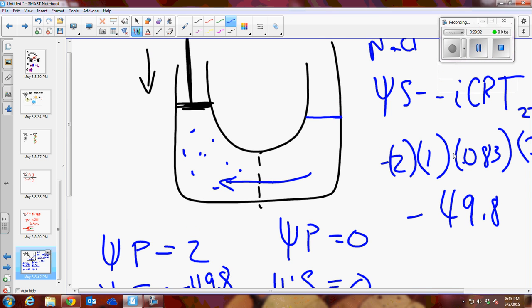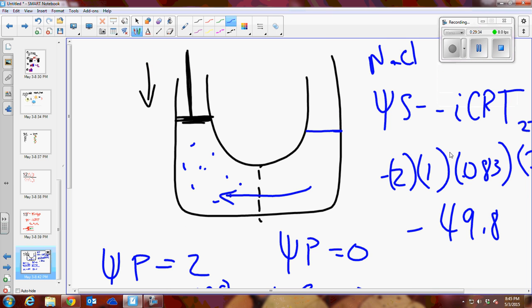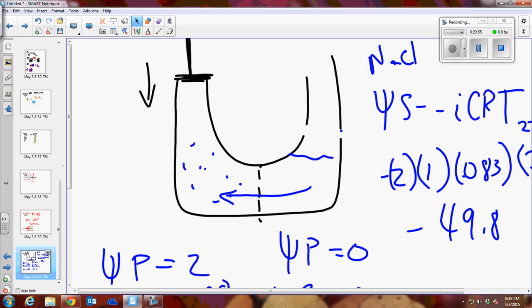Even though this is pressing down, the water's still going to push against it because the water wants to move where there's a lot more salt. It's wanting to equal it out, and so the ending system might look something like this, and the plunger might get pushed back up against its will. Something along those lines. You kind of get the idea of that problem. Those problems aren't too difficult.